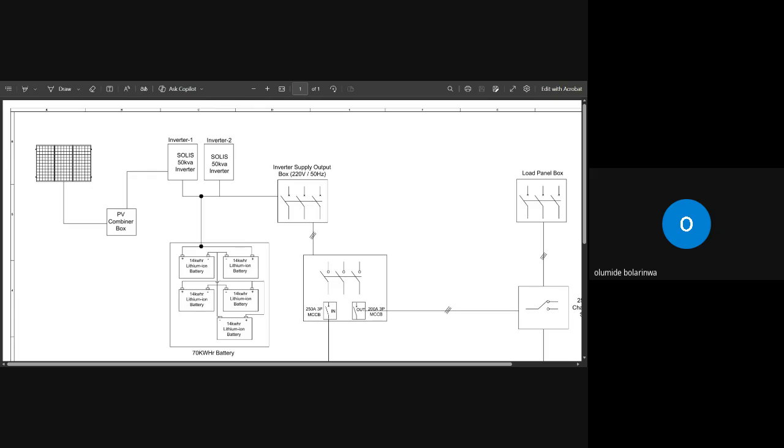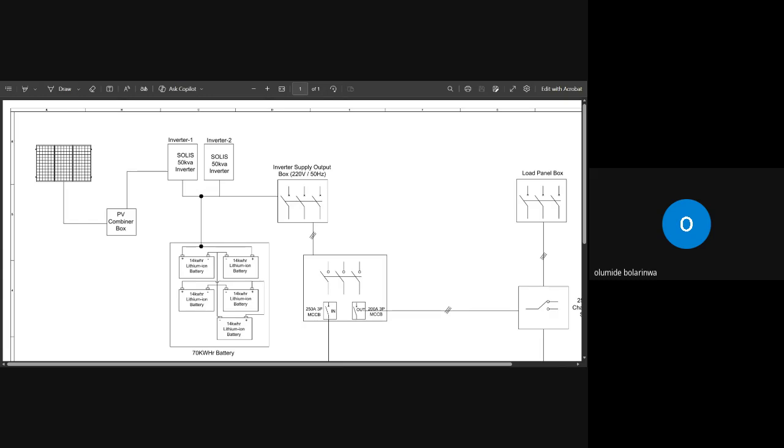Now from there, we talk about your charge controller. Charge controller is part of the items to be considered when you are dealing with your solar. From there, you now talk about your battery itself.